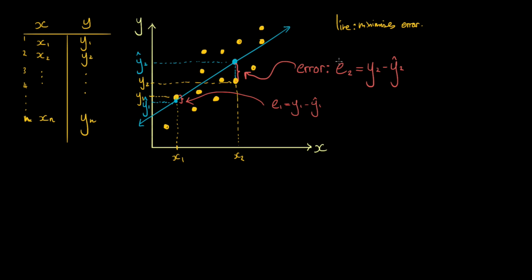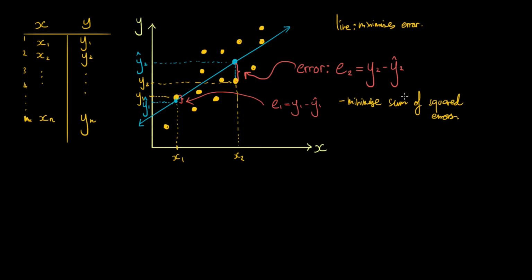So we're going to look at all the squares of these errors. And so our criteria is going to be to minimize this sum, the sum of all the squared errors.